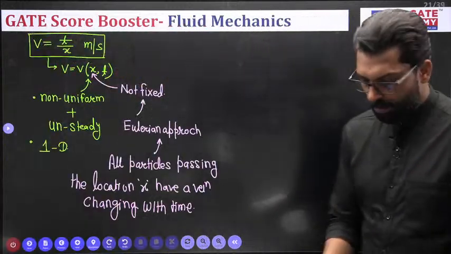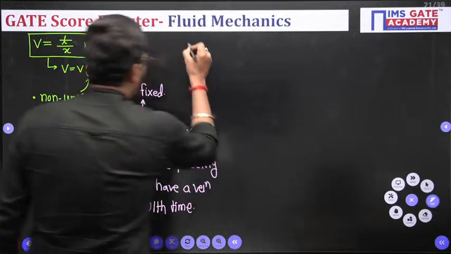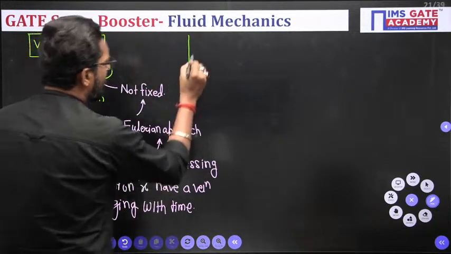Okay, so what is the Eulerian approach? So we have to use the material derivative or total derivative.